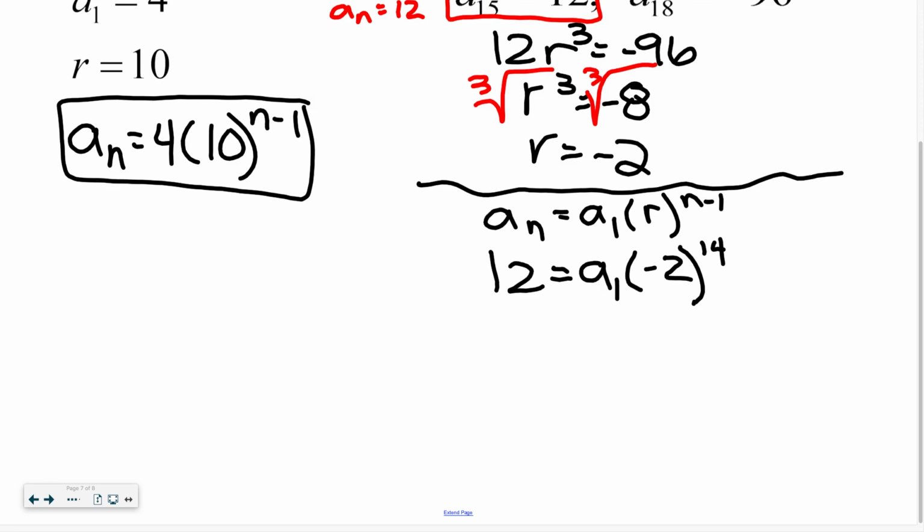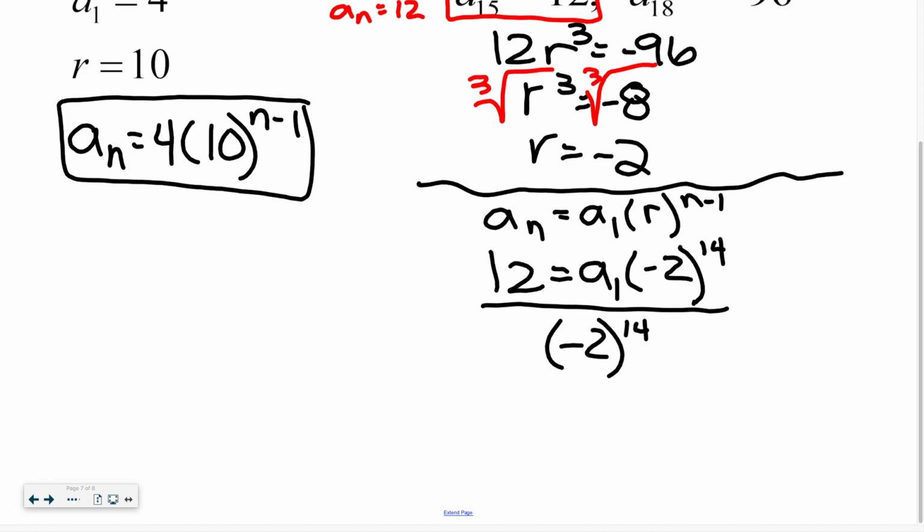And then how would you solve for your first term, if it's being multiplied by something? Divide. So divide both sides. Someone could type it into their calculator, but can you imagine negative 2 to the 14th?